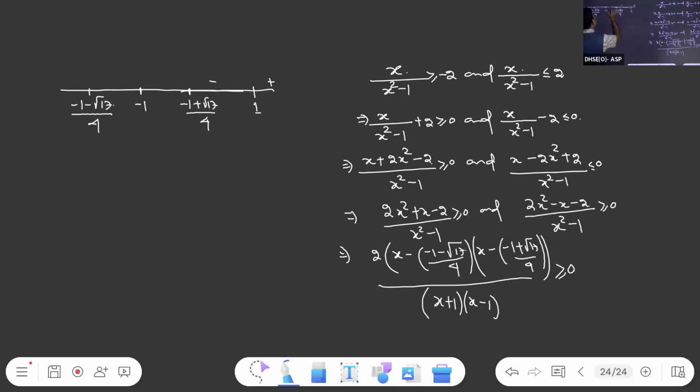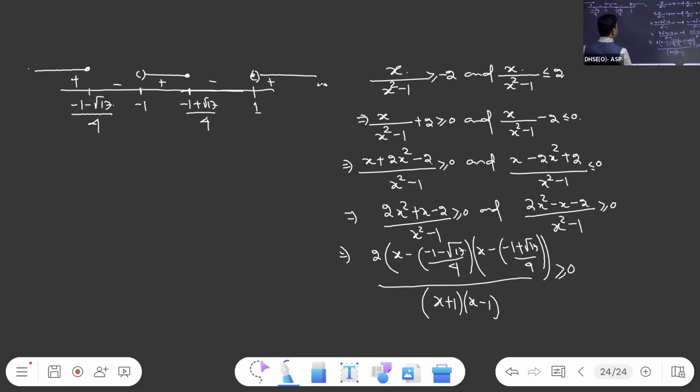Sign scheme is plus minus plus minus plus. Which region is required? Positive region. So the positive region and 0. This is included. Then minus 1 excluded. Then this is included. Then this is excluded to infinity. Okay, this is the solution to the first one.